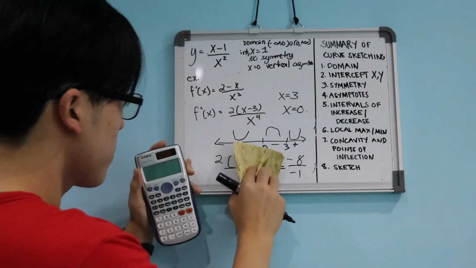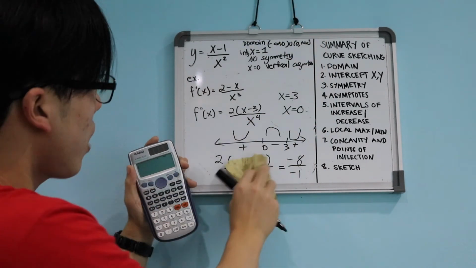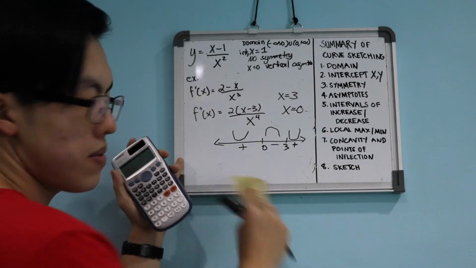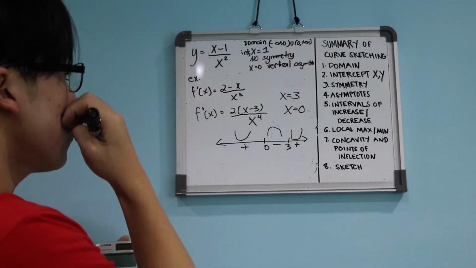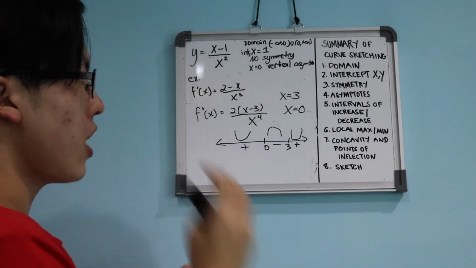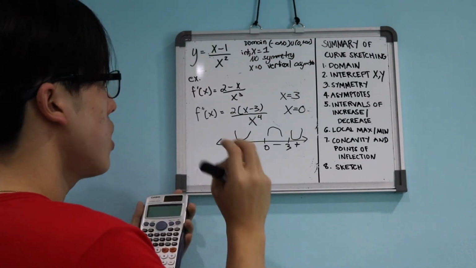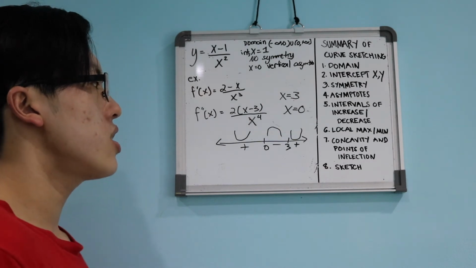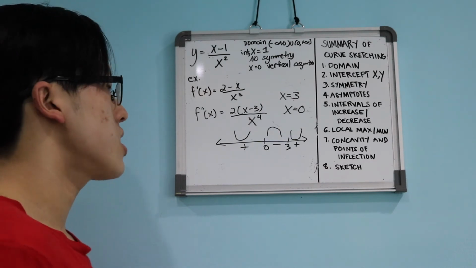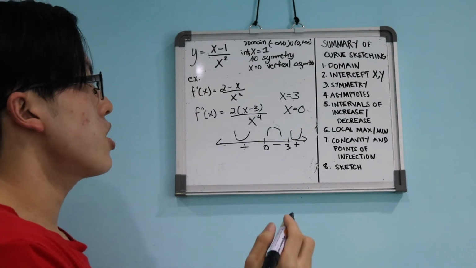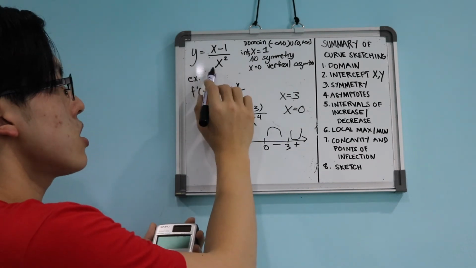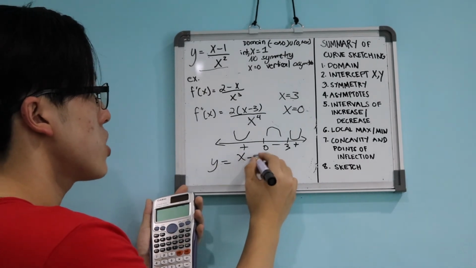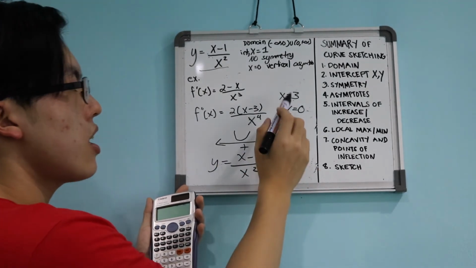Next, after getting the signs from the sign chart, you're going to find the inflection point. It is the point where the curve's concavity sign changes. So in getting the inflection point, you need to use the original equation, y equals x minus 1 over x squared. Plug in the value.